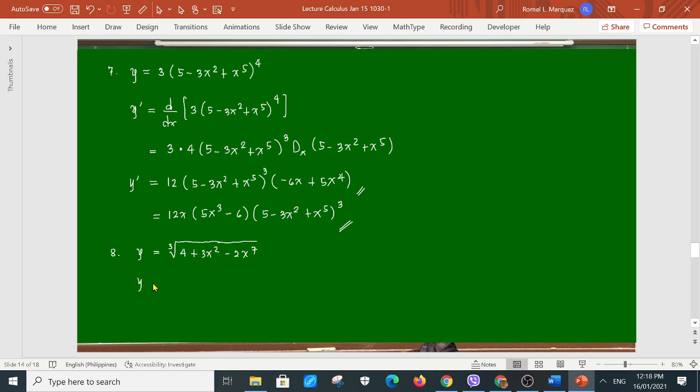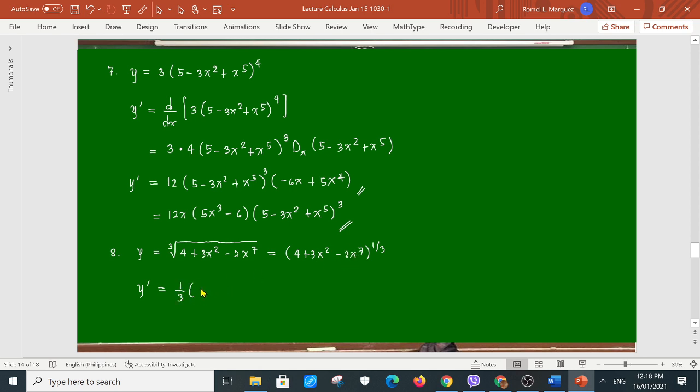Una, you write first, rewrite. Do not differentiate immediately. Kasi it's not in the proper form. You have to express this as what? As a general power, no? So, 4 plus 3x squared minus 2x to the 7 raised to 1/3. We are not yet differentiating, ha? O, differentiate. So, y prime equals, derivative of y is y prime. O, what about this? Drop the exponent.